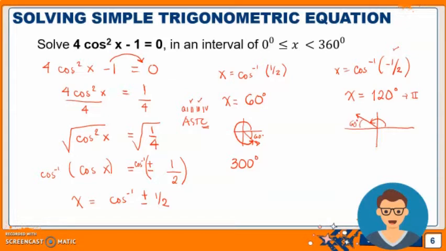So we will use again 60 degrees in quadrant 3 as a reference angle. So 60 degrees here. And we will get the whole angle in quadrant 3. So that is 180 plus 60, which is equivalent to 240 degrees. Thus, our values of x are 60 degrees, 120 degrees, 240 degrees, and 300 degrees.